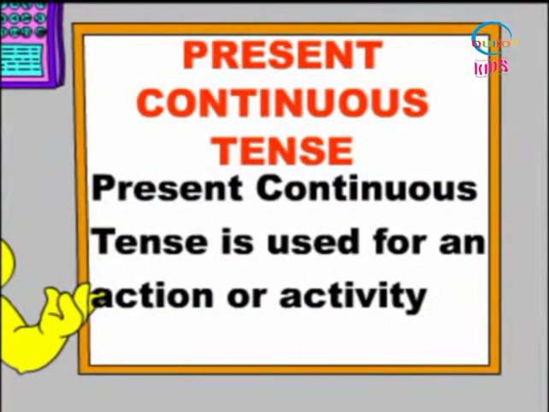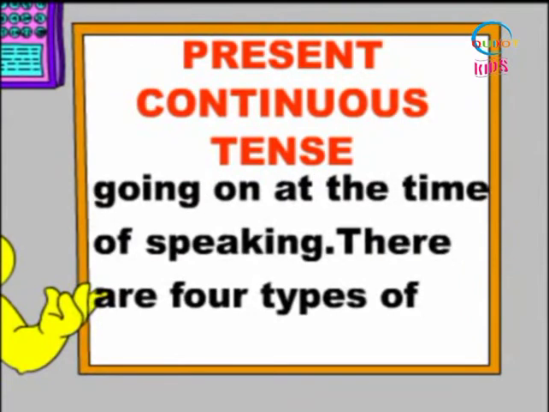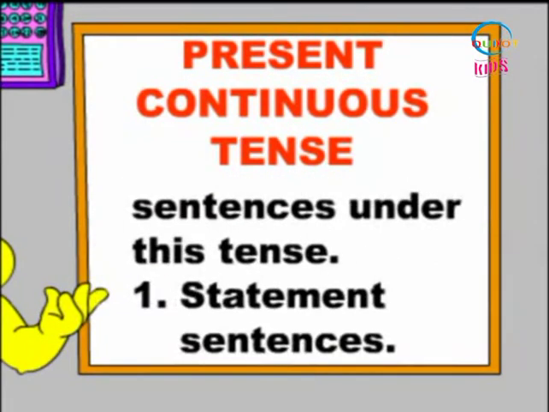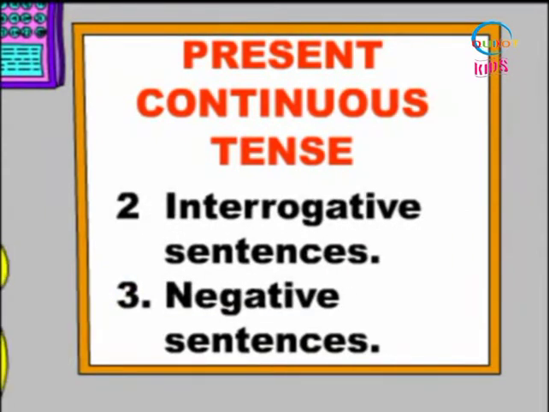Present continuous tense. Present continuous tense is used for an action or activity going on at the time of speaking. There are four types of sentences under this tense: 1. Statement sentences. 2. Interrogative sentences. 3.